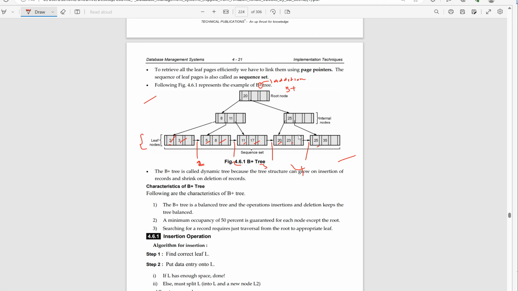Another thing, if you see here, some of the values in the nodes other than the leaf nodes have been repeated in the leaf nodes. For example, here the value 11 in the internal node is reflected in the leaf node.